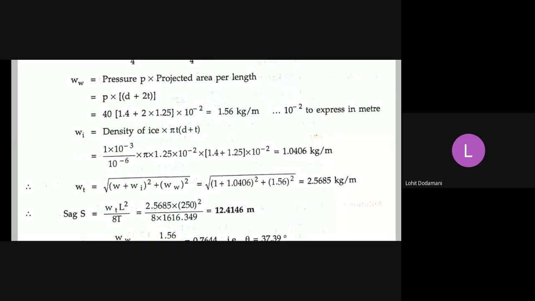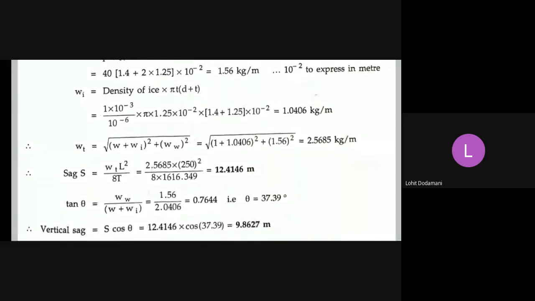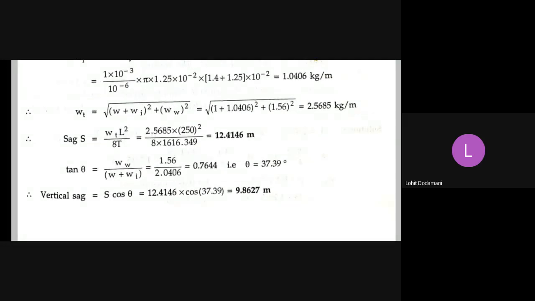Once we get the total weight of the conductor, the next thing is the calculation of sag. For the sag calculation, put the values in WT L square divided by 8T. Then we find tan theta, which is the tan of the angle with respect to the vertical.